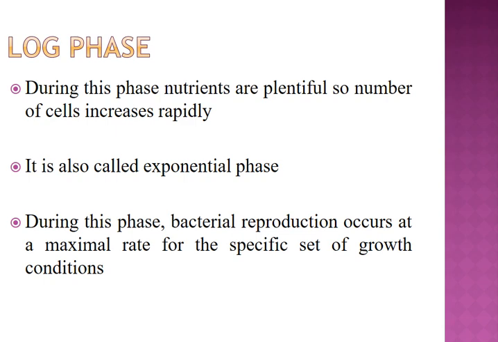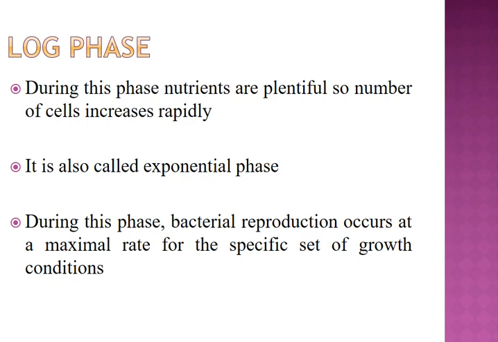Lag phase is followed by the next phase of the life cycle called logarithmic phase or log phase. It is also called an exponential phase. Once lag phase is completed, the bacterium has adjusted to changed conditions. Since nutrients are plentiful, bacterial cells will start to multiply very rapidly.